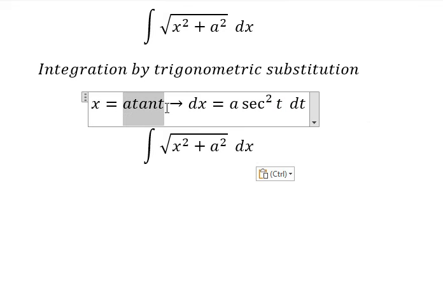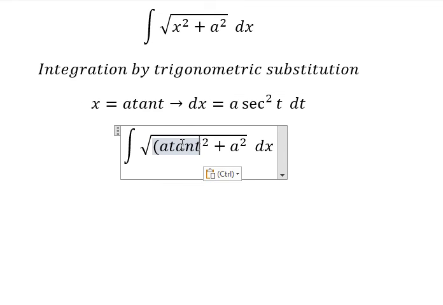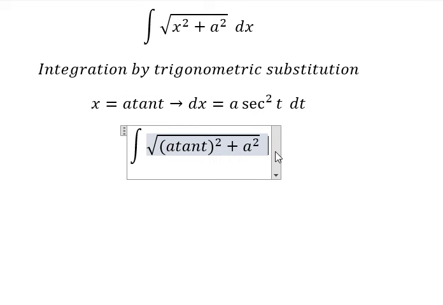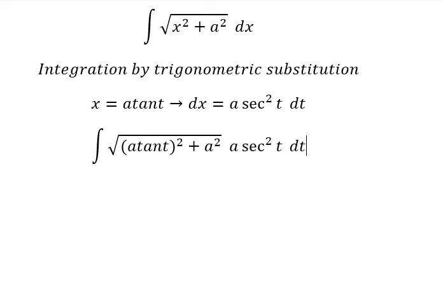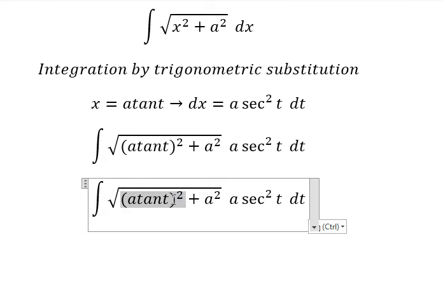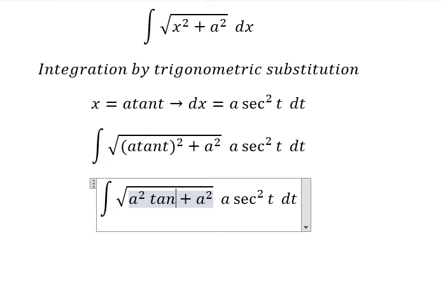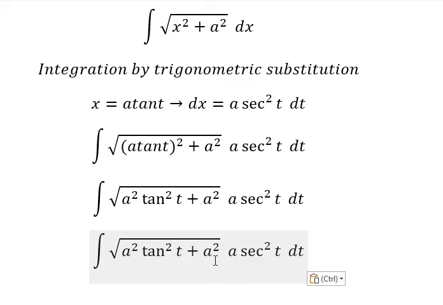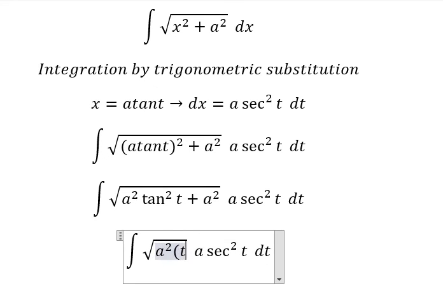So I will put this in here. The s we change by this one. This one we have a square tan t square. So a square, we can do factorization.